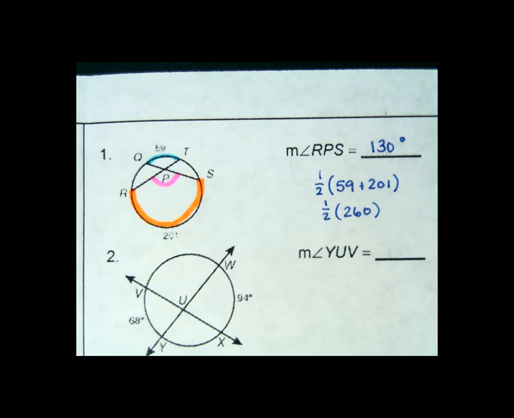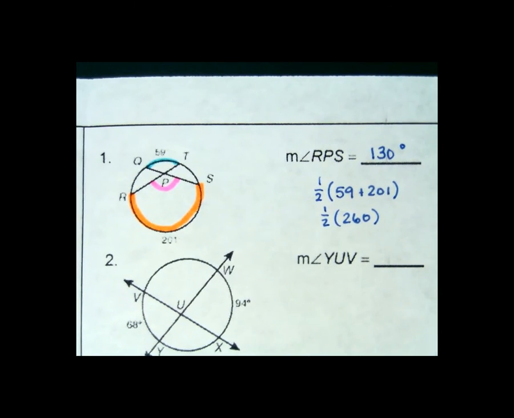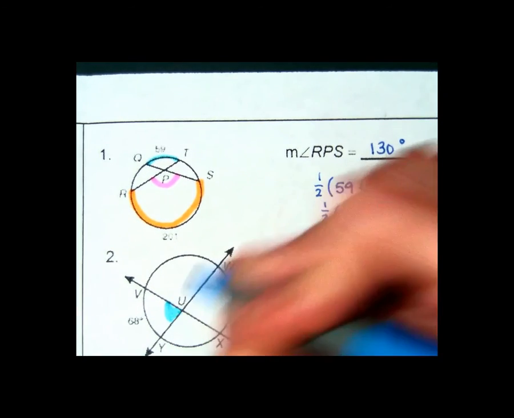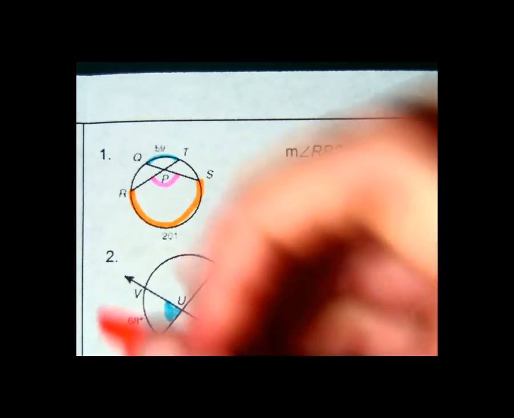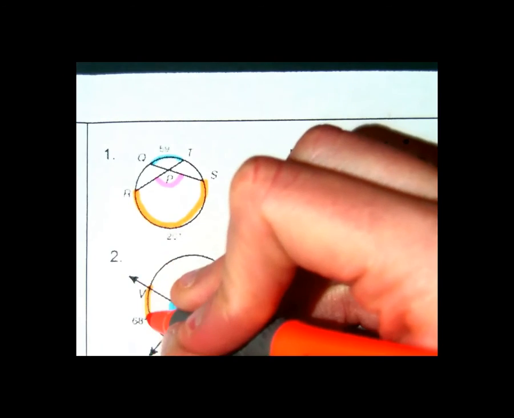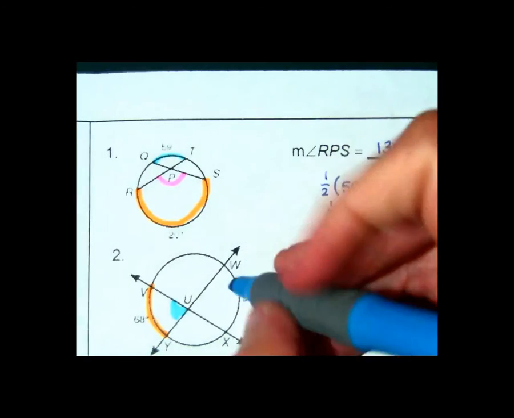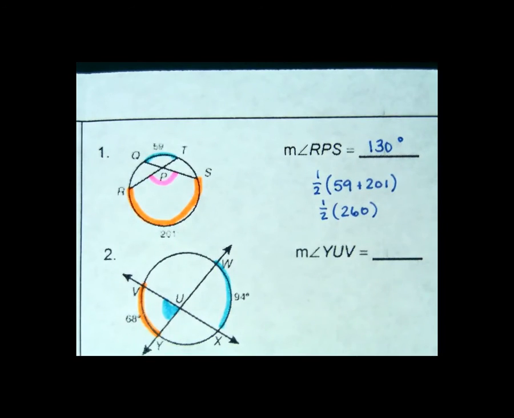Alright, this time we are looking for YUV. You can't just say U. YUV. YUV is what compared to 68 and 94? I just highlighted that in the wrong color.